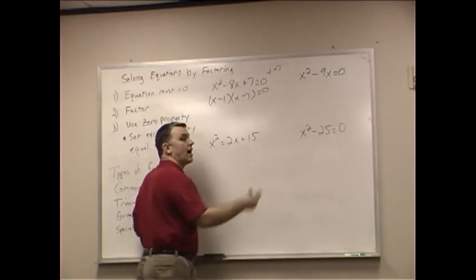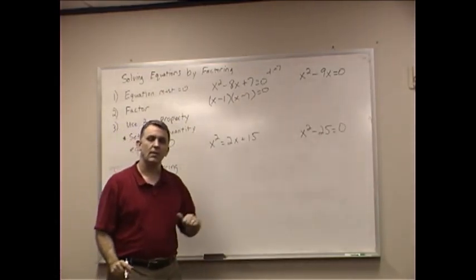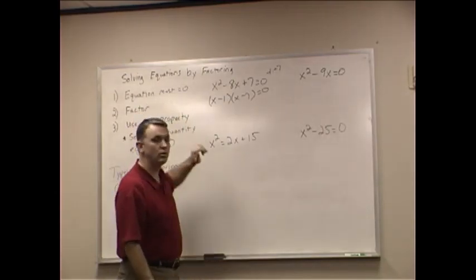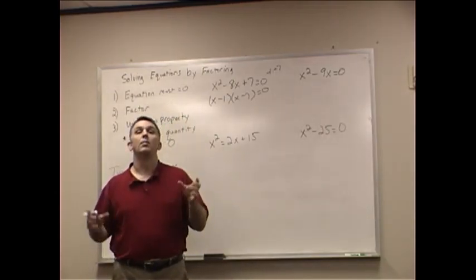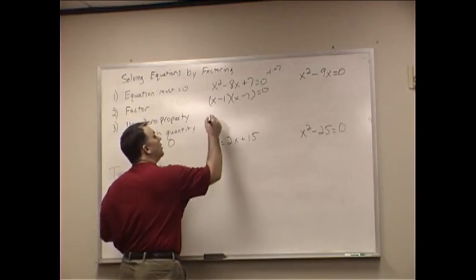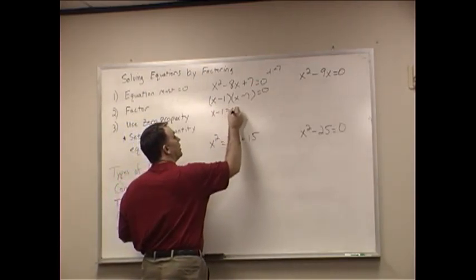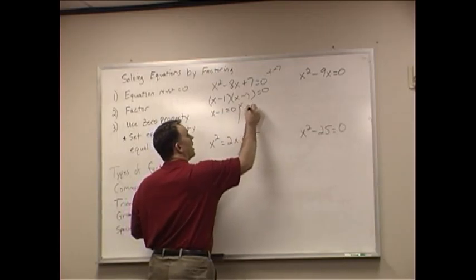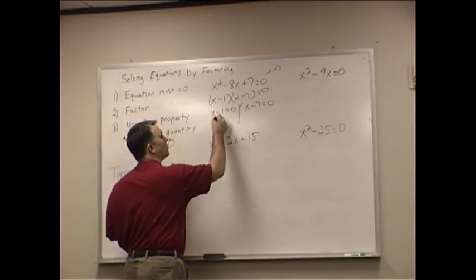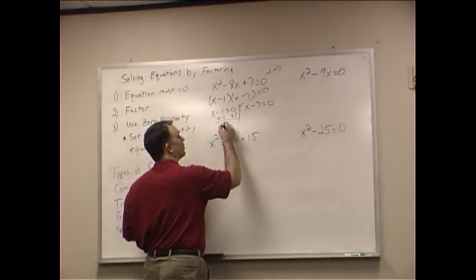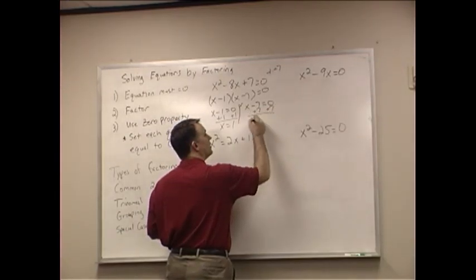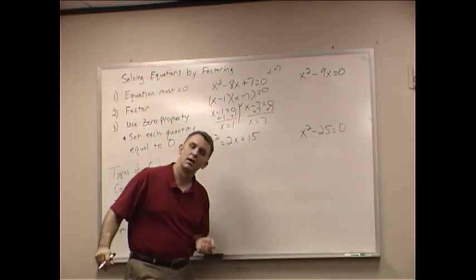Don't forget to bring down your equal 0. Now that I've factored it, I can use the 0 property on it because I have 2 quantities that are multiplied together that equal 0. So I'm going to say x minus 1 equals 0, or x minus 7 equals 0. These are very straightforward equations to solve. Plus 1, x equals 1, plus 7, x equals 7.